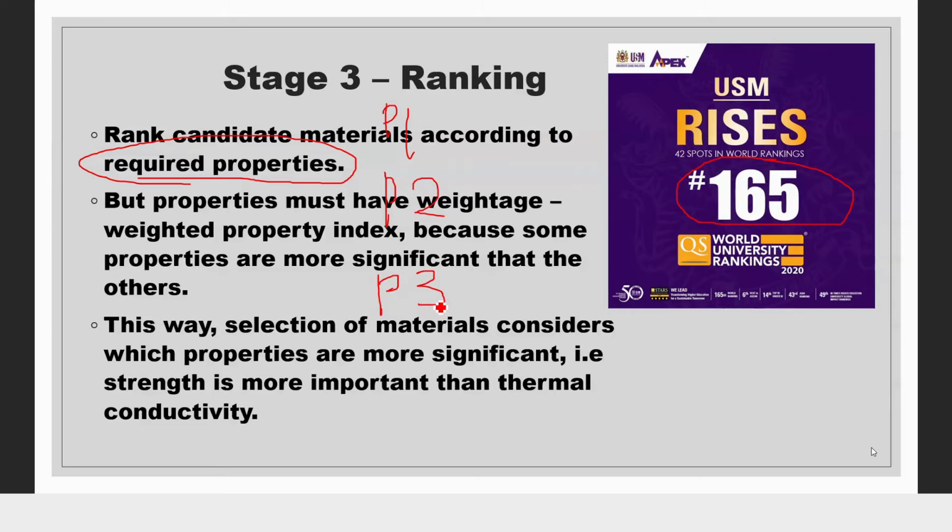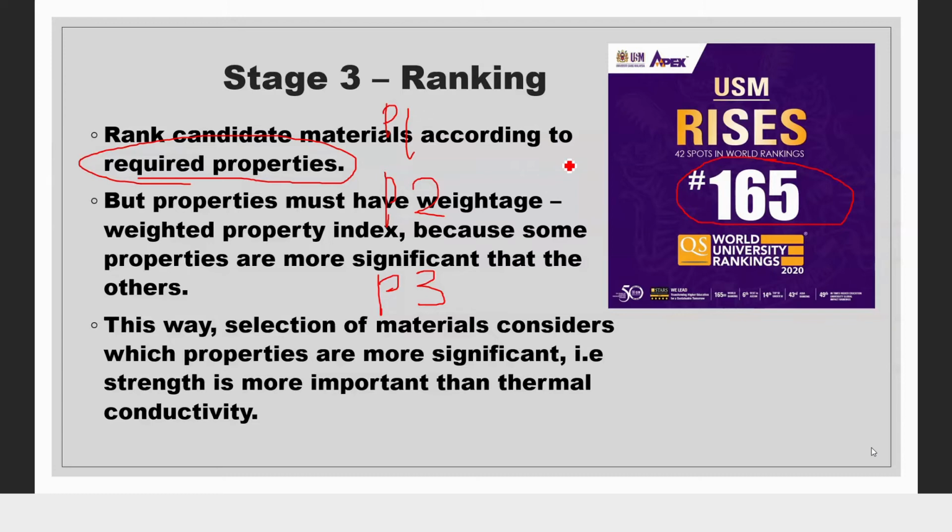But the question becomes, do all these properties have the same weightage? Similar to this, an example I most often use, like the calculation of CGPA. Do you know how your CGPA is calculated? Obviously, CGPA is cumulative values.